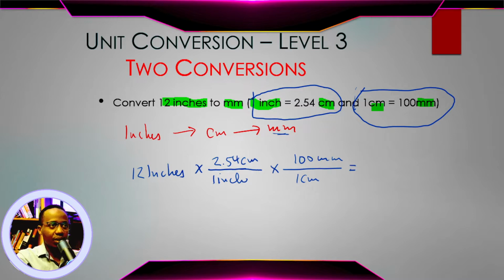And all you have to do is just do it on your calculator, right? Make sure that you write it down the right way on your calculator. The best way to do it is to do the top portion by itself, and then the bottom portion by itself, and then you can divide them at the end. But for this one, the bottom portion, we all have ones, so we're not going to put anything.